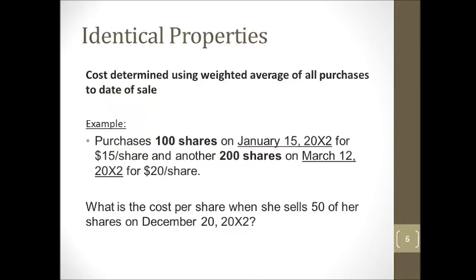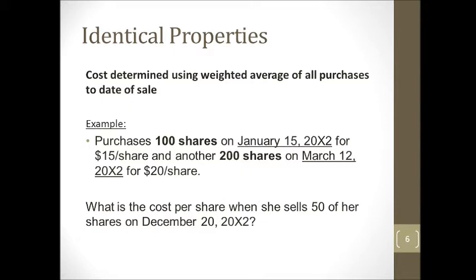On the next slide now, let's talk about identical properties and the rules with respect to identical properties. Now, this rule applies when, let's say, a taxpayer owns a group of identical properties that were acquired over a period of time at different cost.